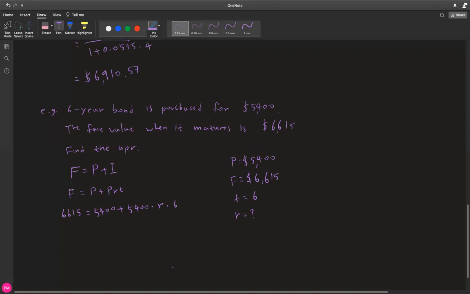So we actually just established an equation where we have everything else, but we only have one variable that we need to find. So this should actually be very simple.